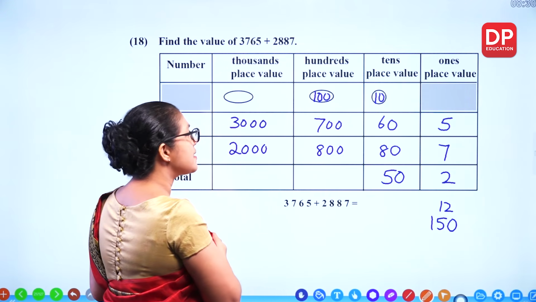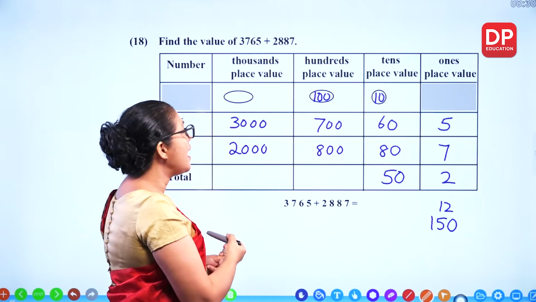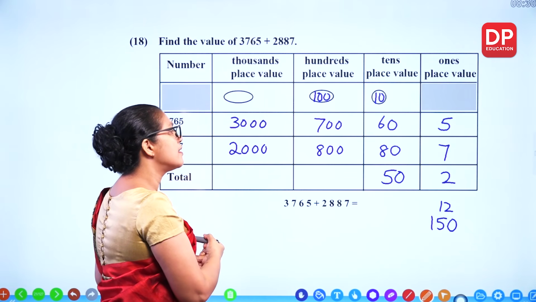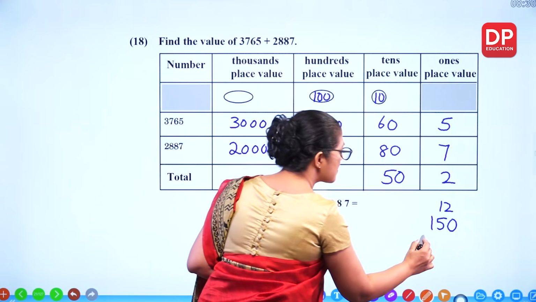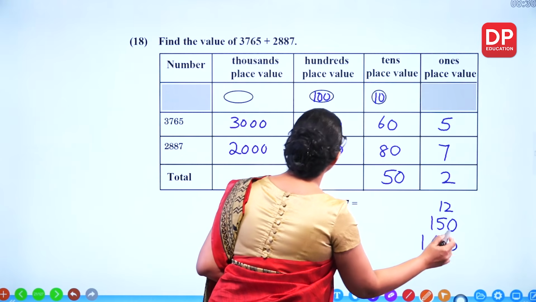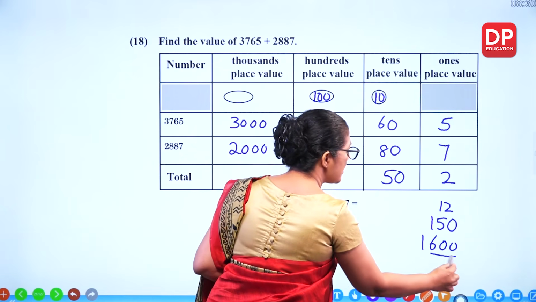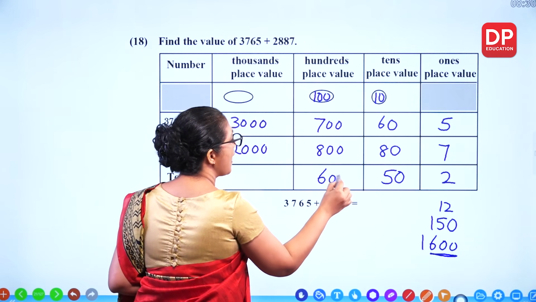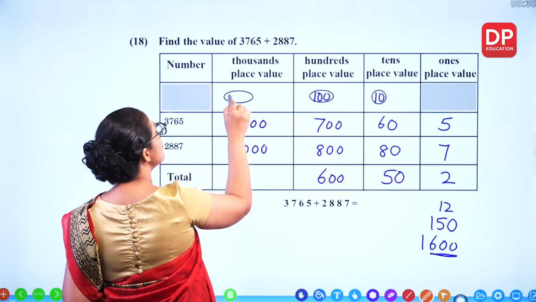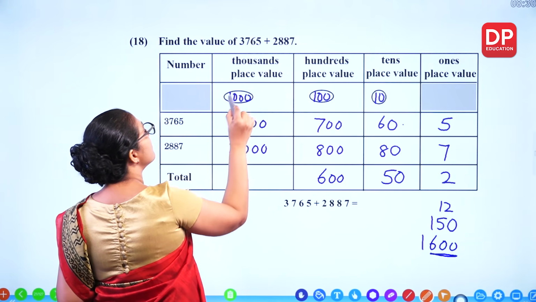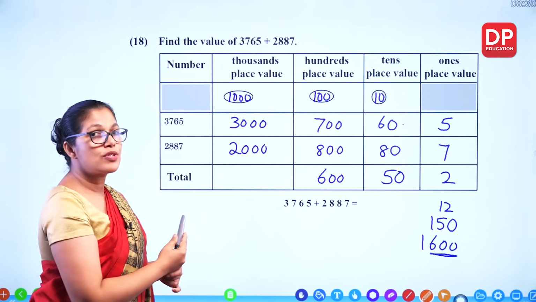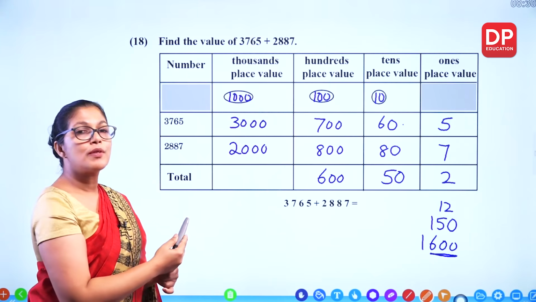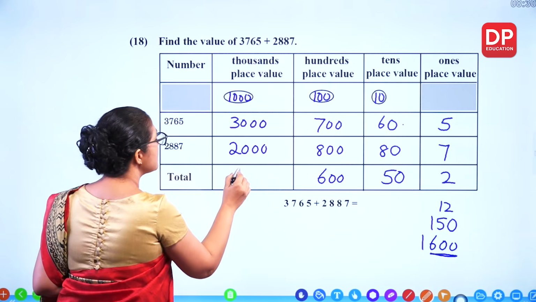Then 100 plus 700, 800. 800 plus 800, 1600. Now you need hundreds place. So you write 600 there and take 1000 to this side. Then 1000 plus 3000, 4000. 4000 plus 2000, you get 6000.